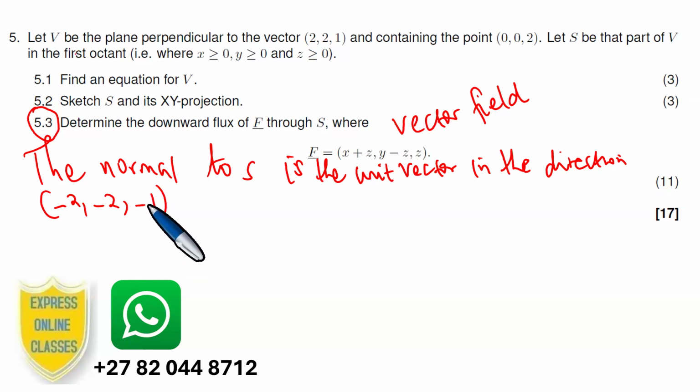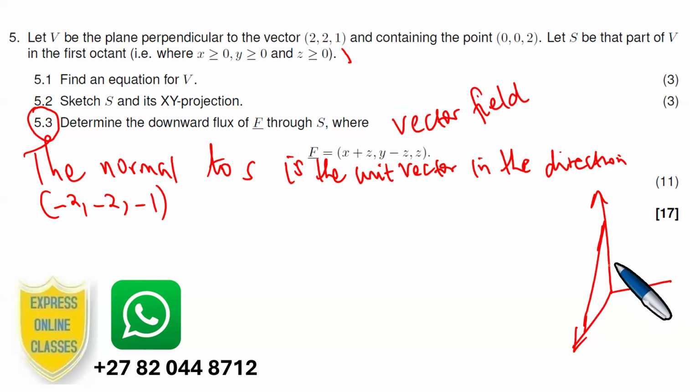Because if V is the plane, then the vector perpendicular to it is the normal to S. Now S is actually this particular part of the plane in the first octant.